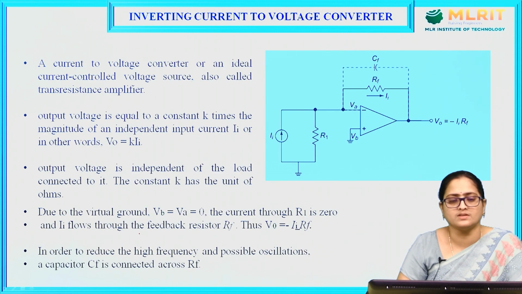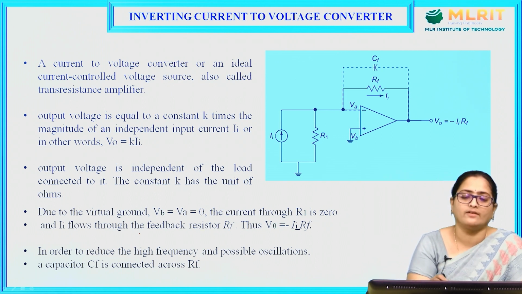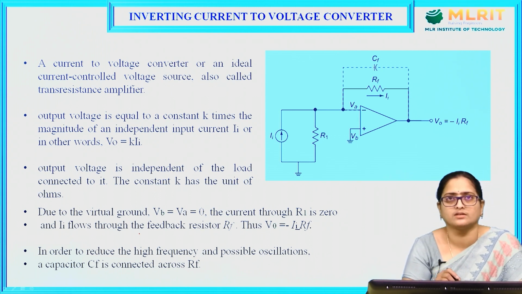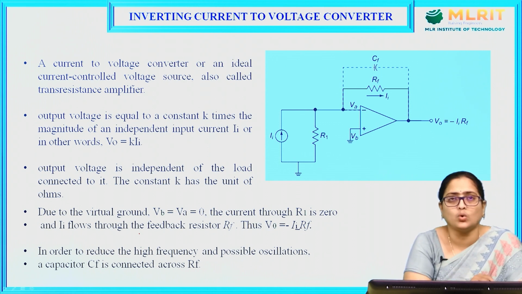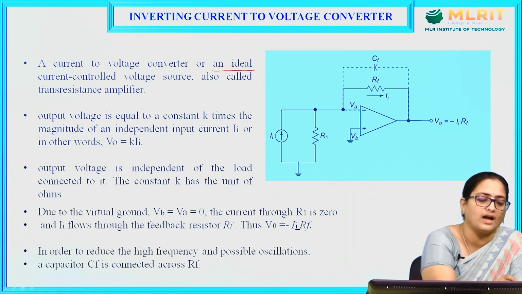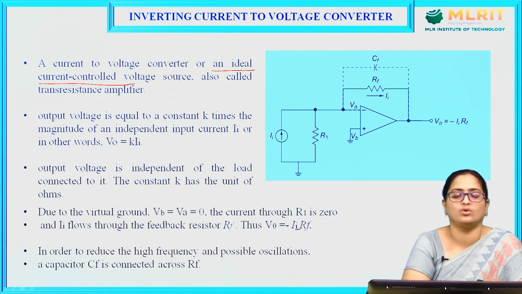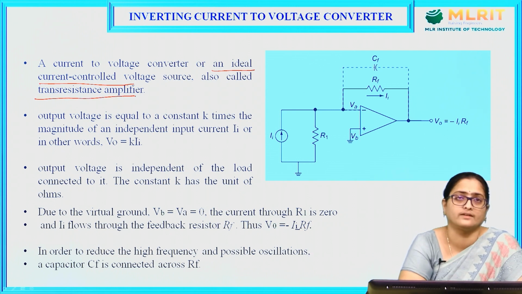The next one is current to voltage converters. Here, you can have inverting current to voltage converters and non-inverting current to voltage converters. First, we will talk about inverting current to voltage converters. A current to voltage converter, or an ideal current controlled voltage source, is also called a transresistance amplifier.